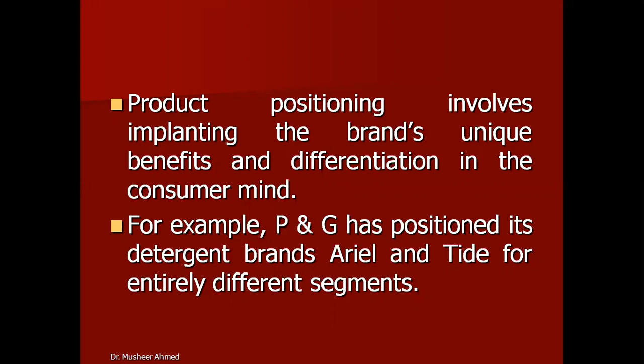Here, Procter and Gamble has positioned its brands of detergent in a particular manner in the minds of the consumer. Ariel and Tide both have different segments and different positioning, right?